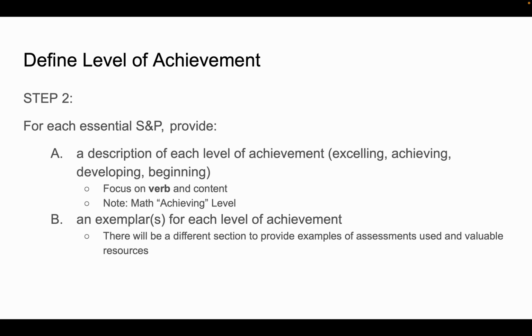What does achieving for that skill and procedure look like? And then developing and then beginning. And please don't forget to focus on the verb and the content of the curriculum. The content gives you what you're talking about, but the verb describes what you're hoping a kid can do with it. So as you're describing the level of achievement, it should be based off that verb in the curriculum.